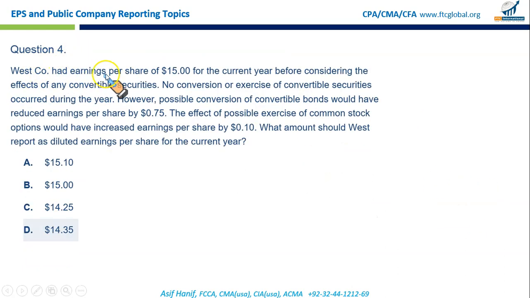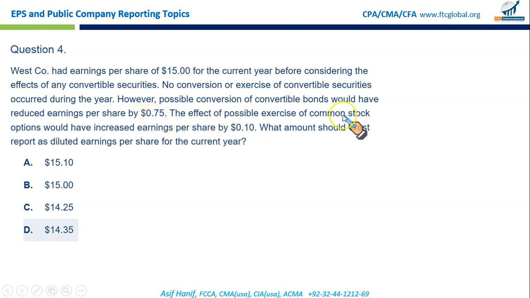Next, West Company had earning per share of $15 for the current year before considering the effects of any convertible securities. No conversion or exercise of convertible securities occurred during the year. However, possible conversion of convertible bonds would have reduced earning per share by 0.75.